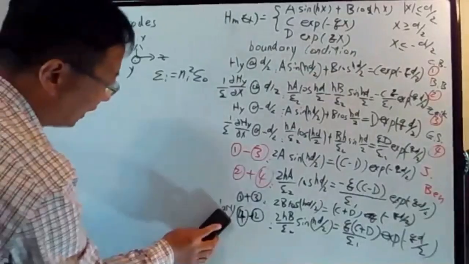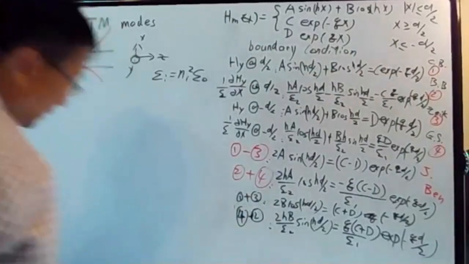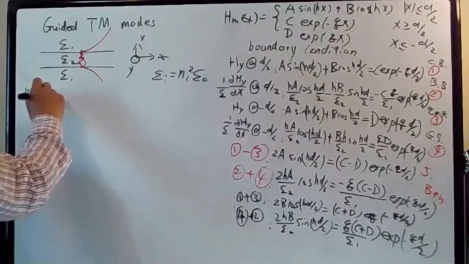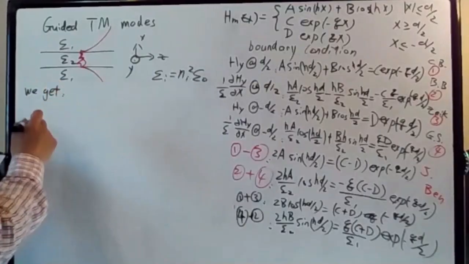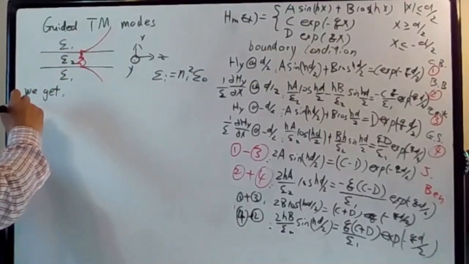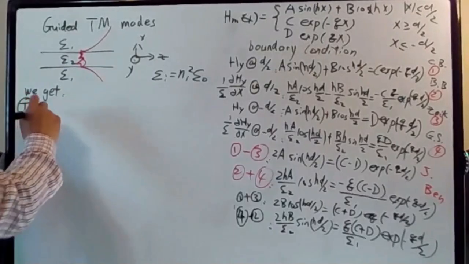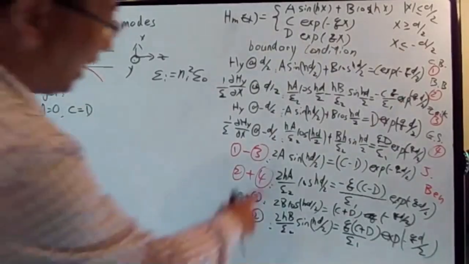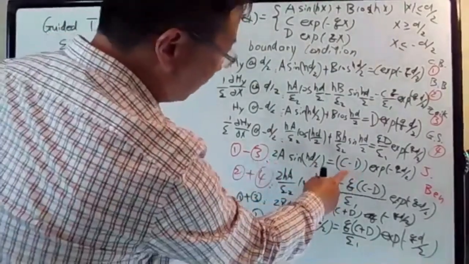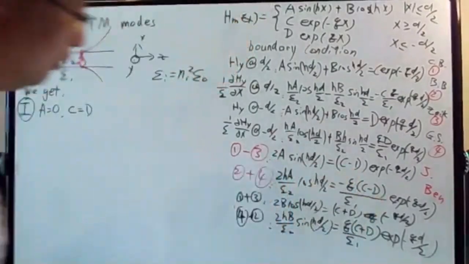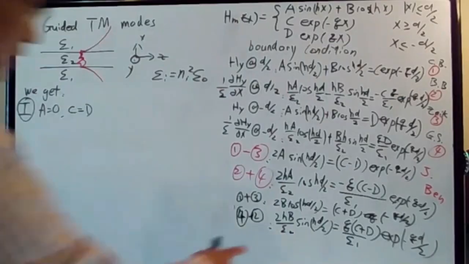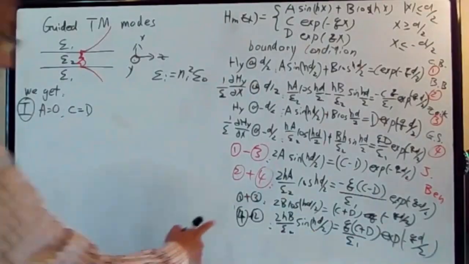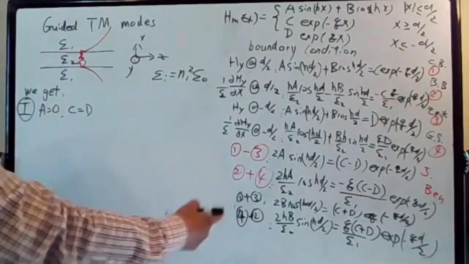Now let's see what kind of solution it is. The first set is going to be A equals 0, C equals D. So C and D are the same, A is 0. The solution is, let's use this equation divided by the second equation, 4 minus 2 divided by 1 plus 4.